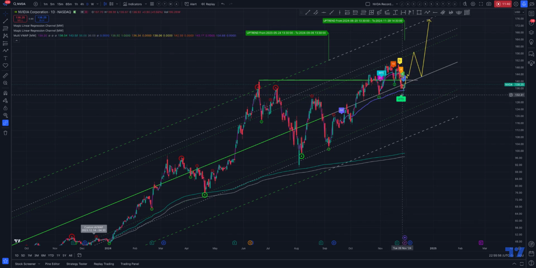So I'm thinking we already saw the big drop post earnings, and we're ready to start ripping back up. So I'm looking at NVIDIA to go from 138 to maybe 170 by the end of the year, potentially. But that's it. That's using the Magic Linear Regression Channel and the Multi-VWAP.